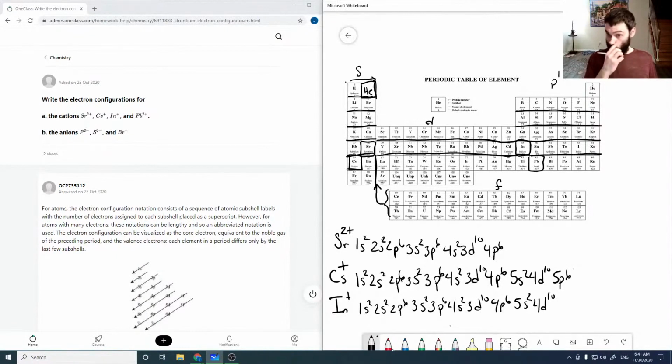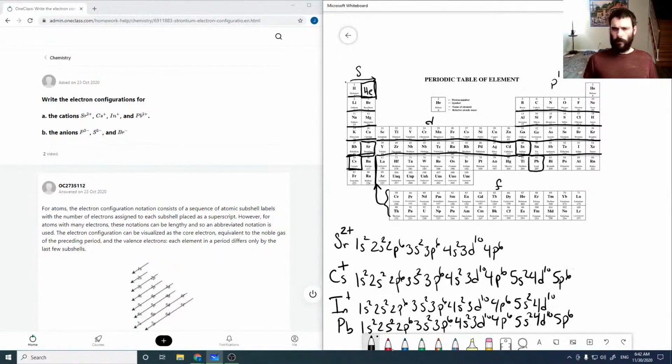And then to get lead, we continue down the line. So 1s2, 2s2, 2p6, 3s2. And we keep going pretty much up to where cesium is, and then go a bit further.